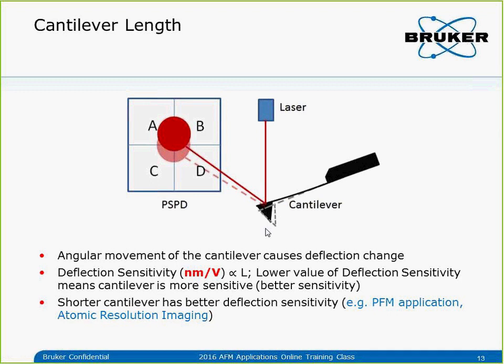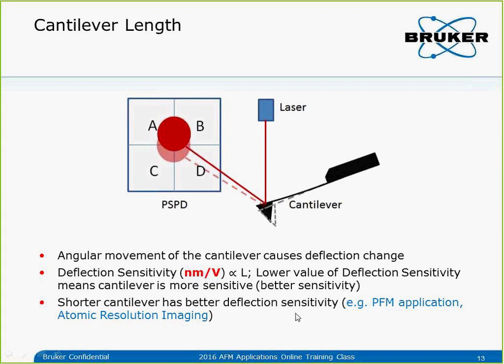But if the cantilever is shorter, it will generate more angular movement, and that will create more deflection signal in voltage. That means the short cantilever will have better deflection sensitivity, right? Typically, we have deflection sensitivity in nanometers per volt. This value is proportional to the length, but a smaller value means the cantilever is more sensitive, has better sensitivity.